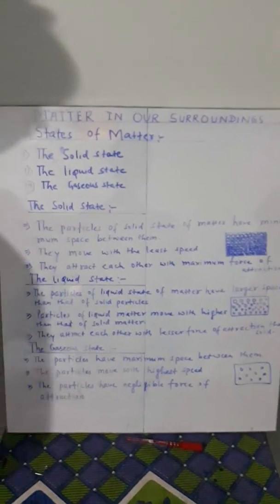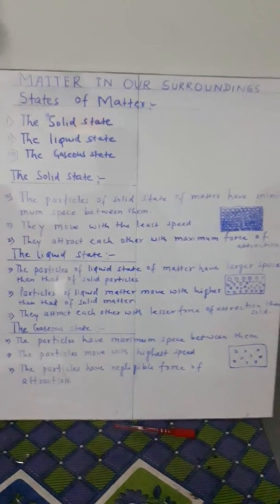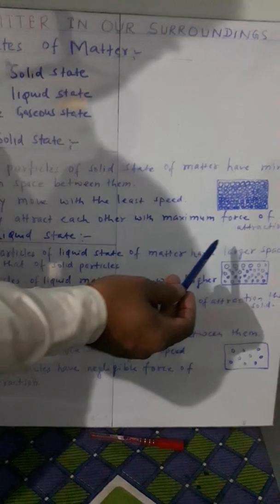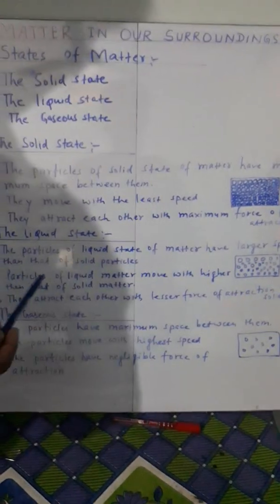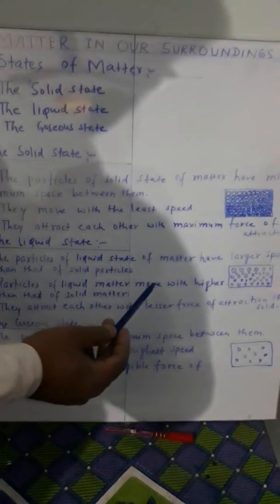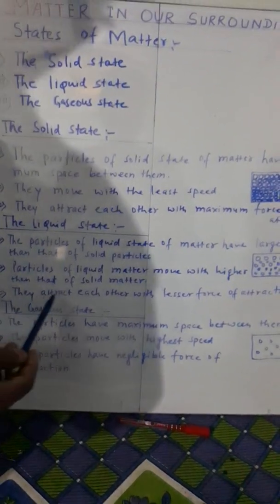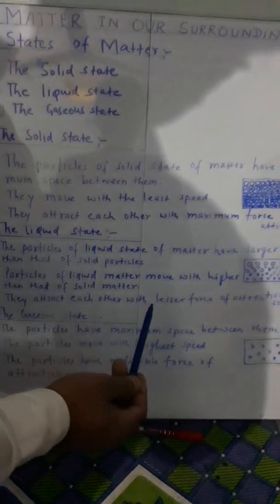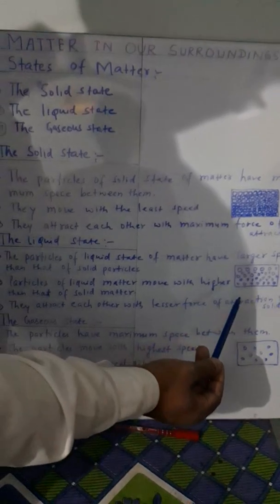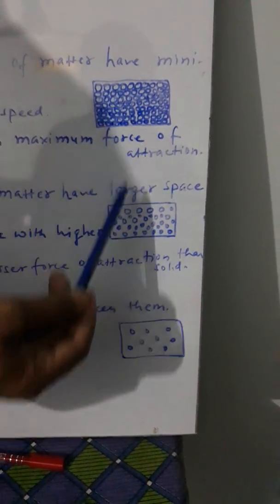Now the liquid state. Here, if we compare the properties, the particles of the liquid state of matter have larger space than those of solid particles. The particles of liquid matter move with higher speed than those of solid matter, and they attract each other with lesser force than those of solid. See the diagram I have made here: the particles are a little farther apart than those of solid.